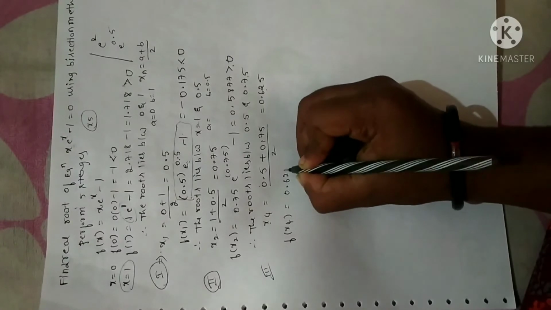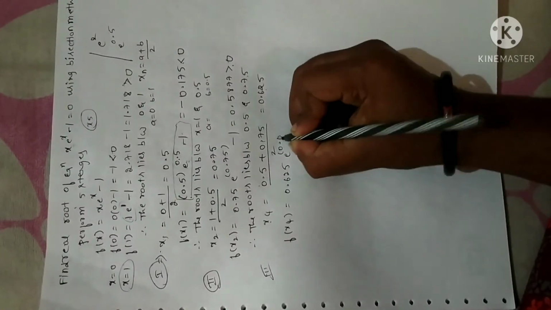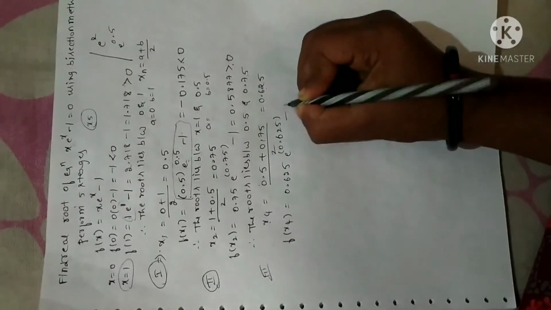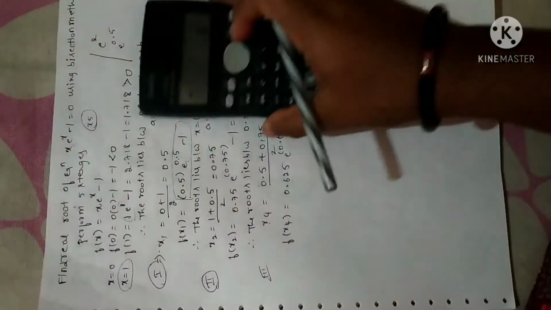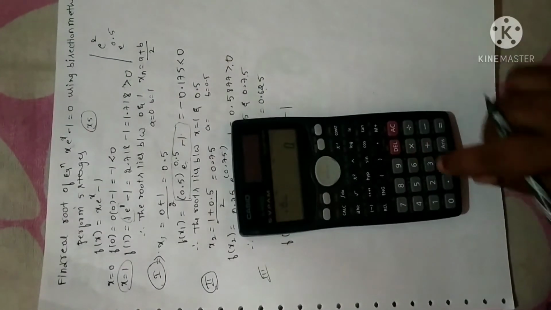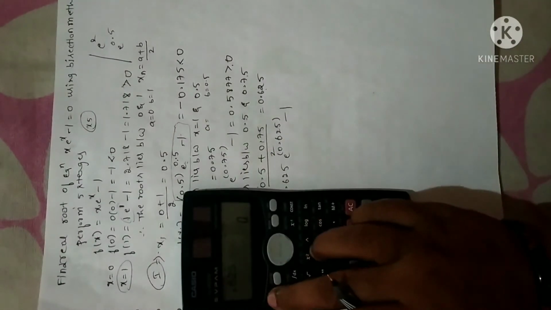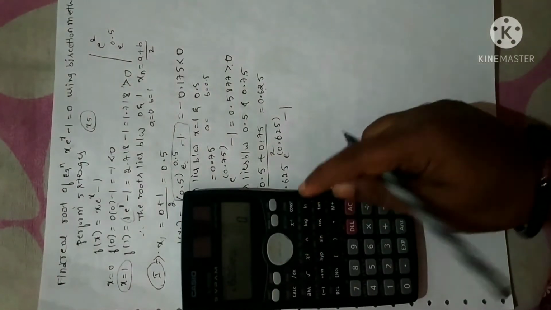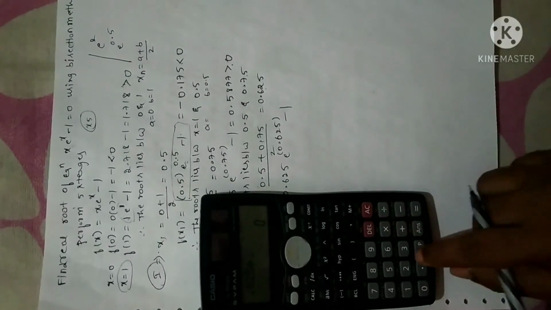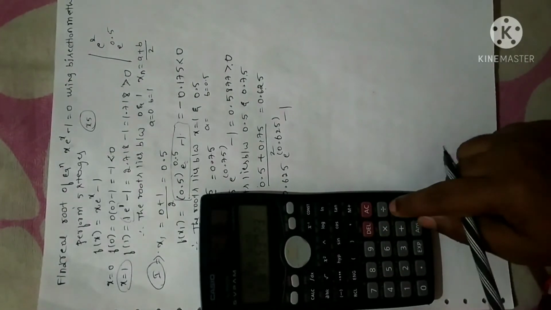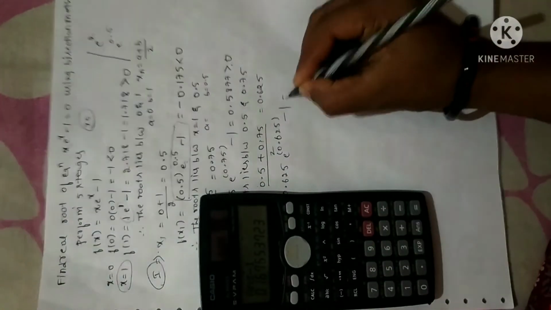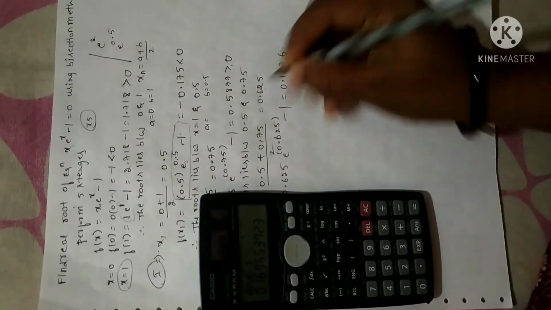So 0.625 e power of 0.625 minus 1. Again, 0.625, shift button, ln button, 0.625 minus 1. That will give us 0.1676.